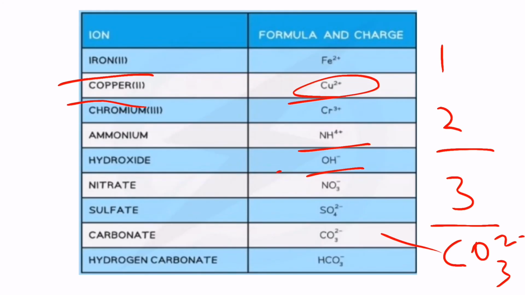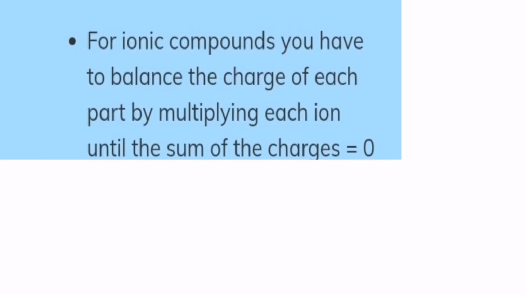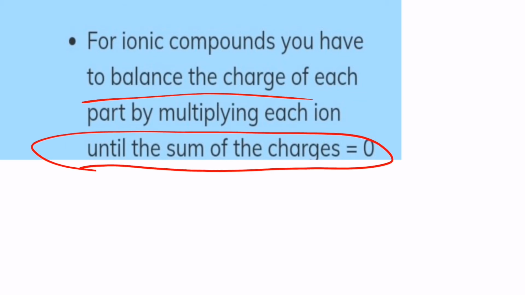Right, so now we can use these to find a formula of an ionic substance. What we need to know is that for an ionic compound, you have to balance the charge of each part by multiplying each ion until the sum of the charge equals 0.